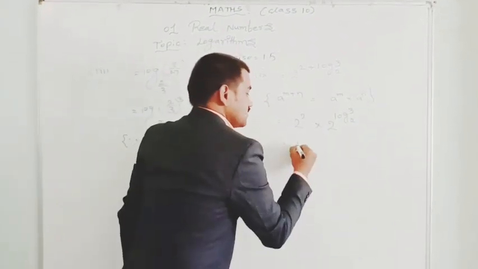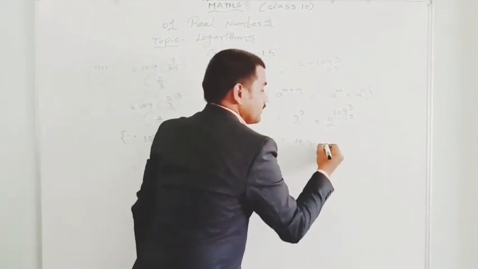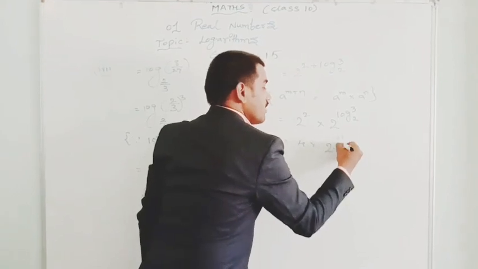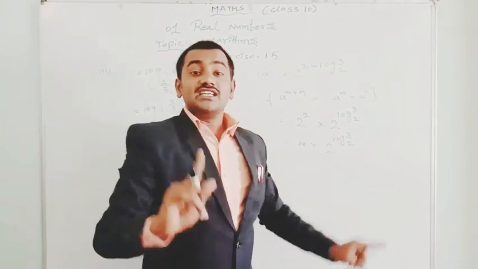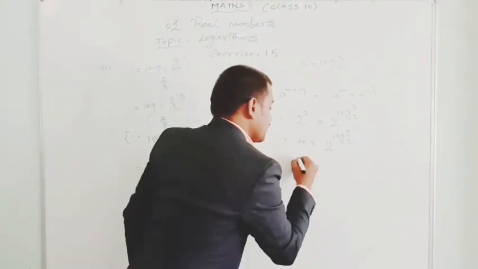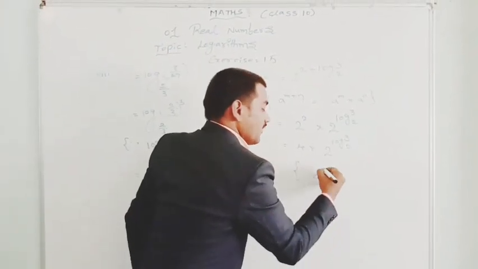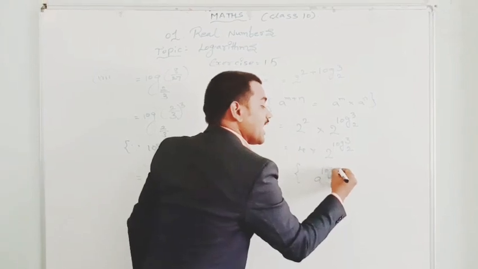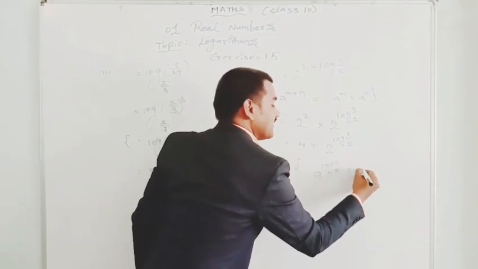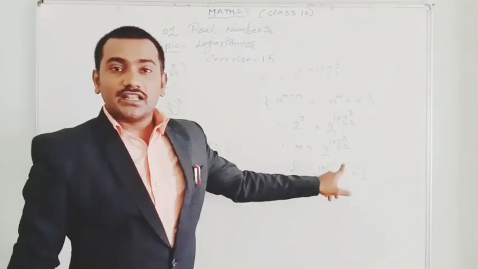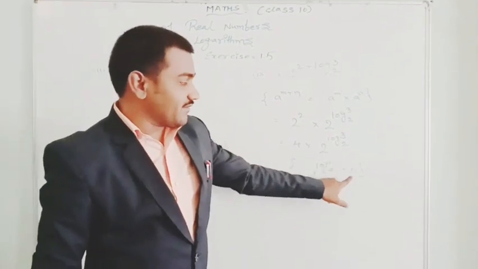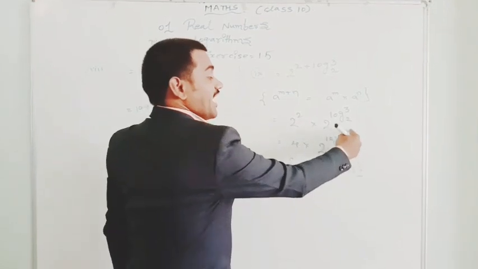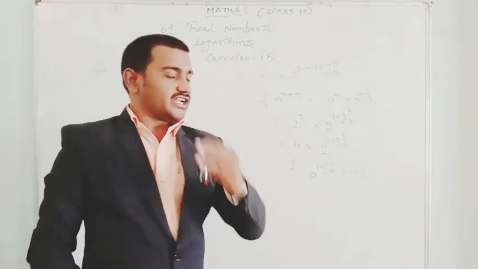Let us write 4 into 2 to the power of log 3 base 2. Now here there is one formula. I already told you that a to the power of log n base a equals n. So 2 to the power of log 3 base 2 equals 3 in the same way.